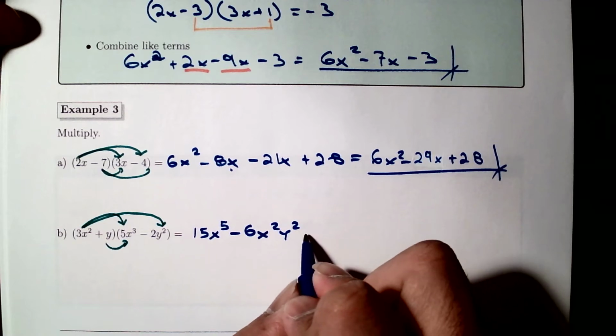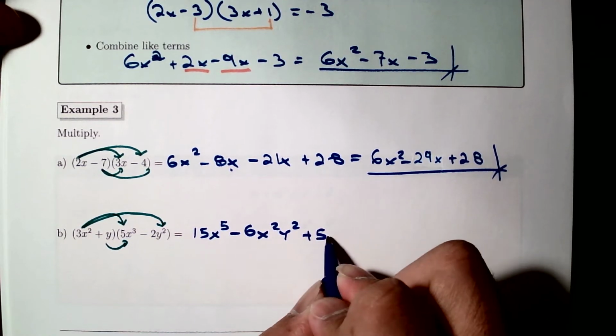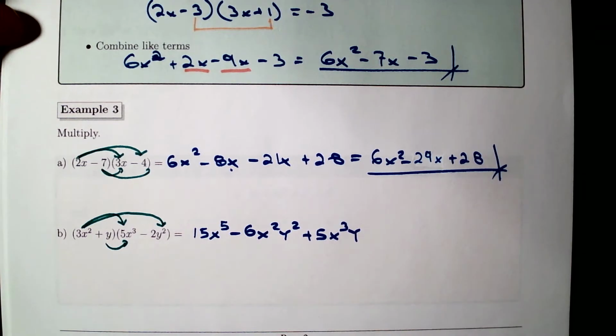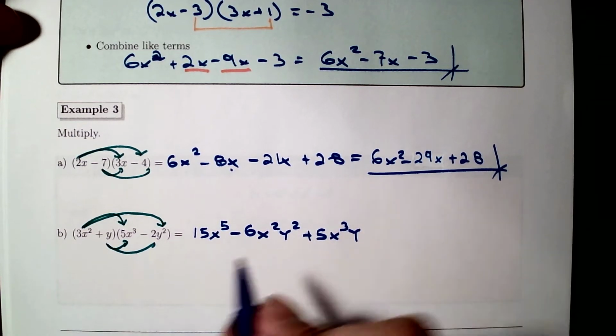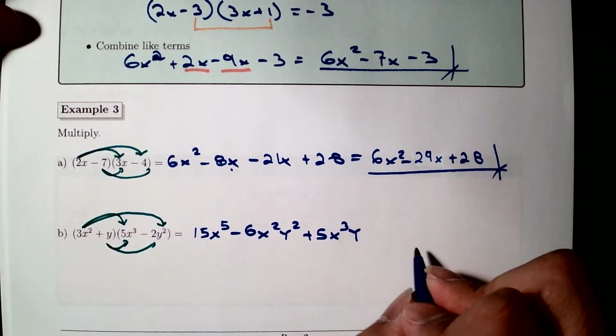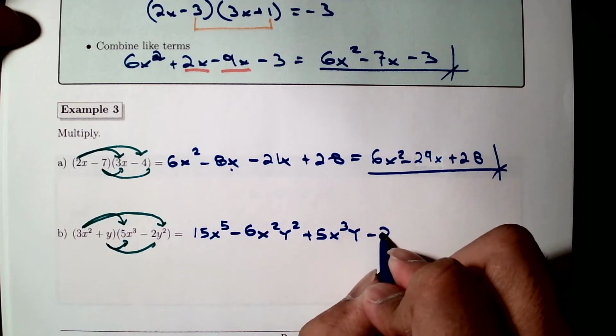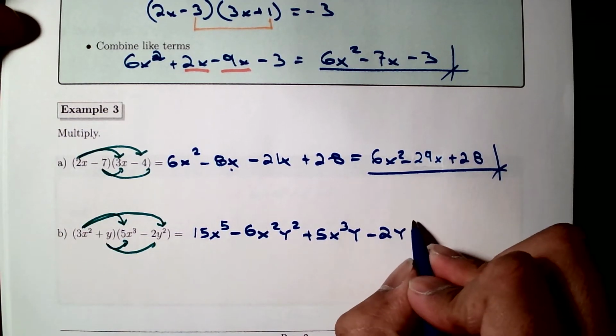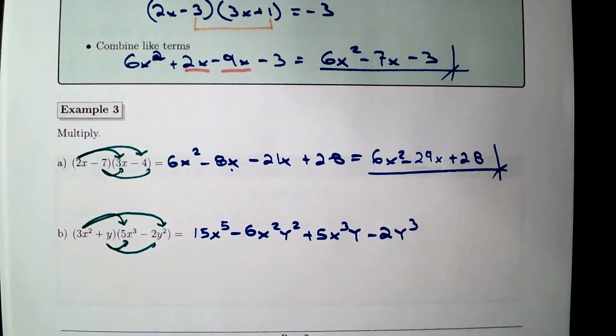So that's plus 5x cubed y. And finally, y times negative 2y squared, which equals, in this case, negative 2. And then y squared times y, that's y cubed.